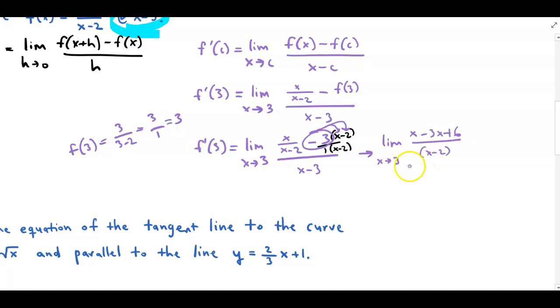The denominator is x minus 3. I could put a 1 underneath that x minus 3, and since I have a double fraction, to get rid of the denominator fraction I can multiply by the reciprocal. That's how I would get rid of that double fraction. So these guys disappear.